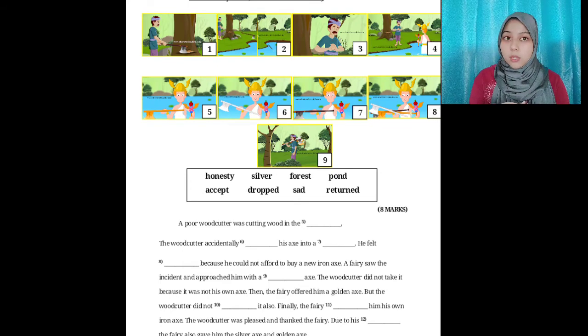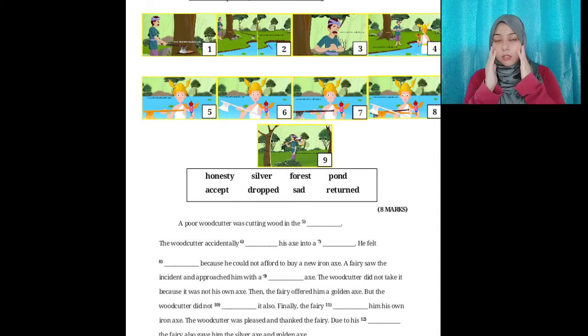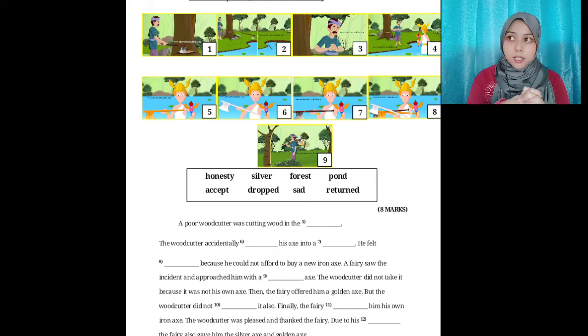In this section B, it's required for the understanding taxonomy level. The questions are also quite simple. Basically, students have to read the story and then fill in the blanks of the questions that I have prepared for the students.